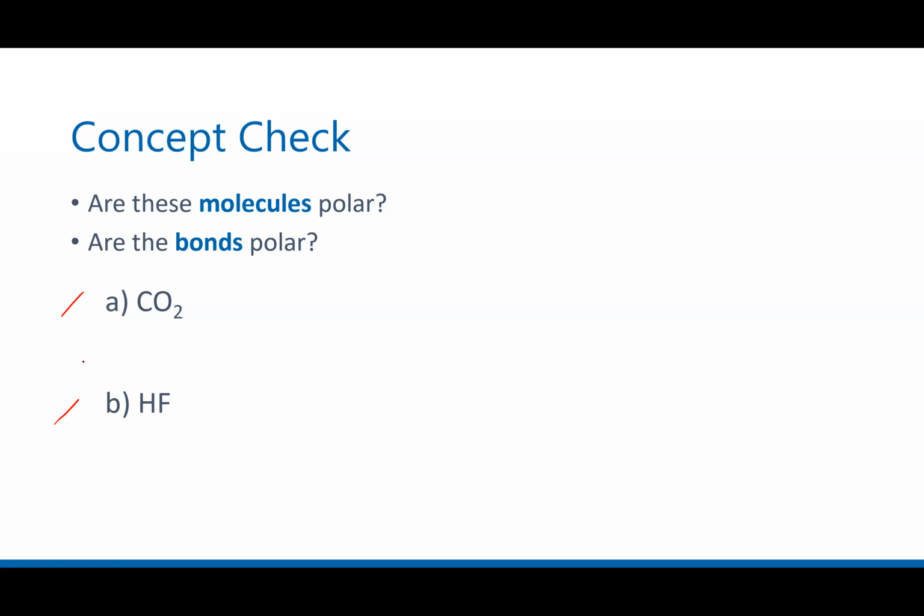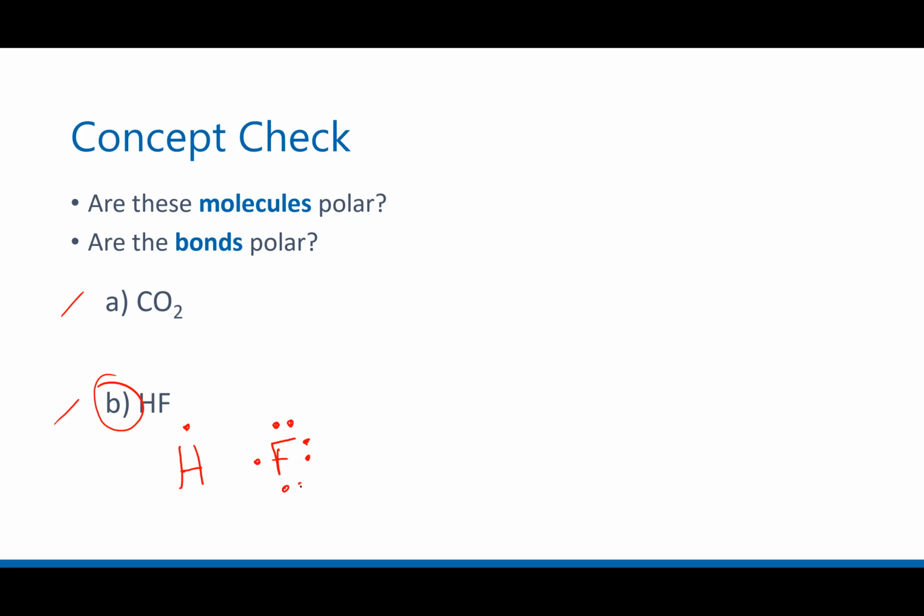None of these molecules have 3 different elements. A has just carbon and oxygen. B has just hydrogen and fluorine. So rule number 1 won't work. I'm going to need to look at rule 2 or rule 3. So let's start with the easy one, B. HF. Now, this is just more of a review for you guys on how to do the electron dot diagrams.